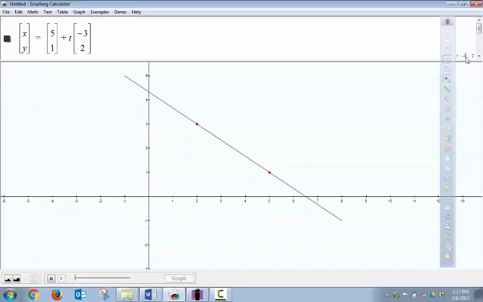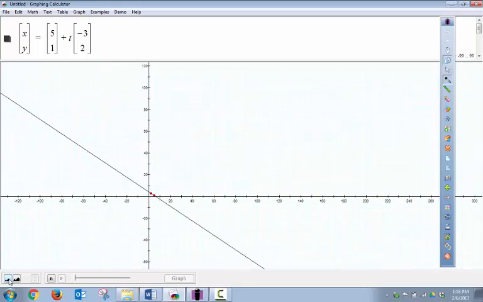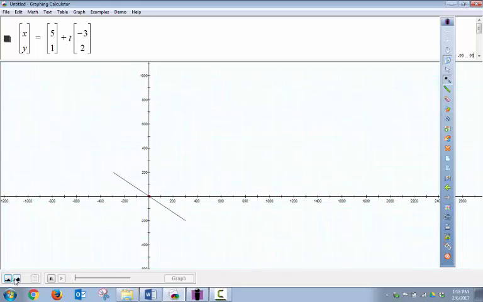No, I can't put infinity, but I could put something really large, like 99. Then, since my window is only there, suppose we can zoom out. All right.